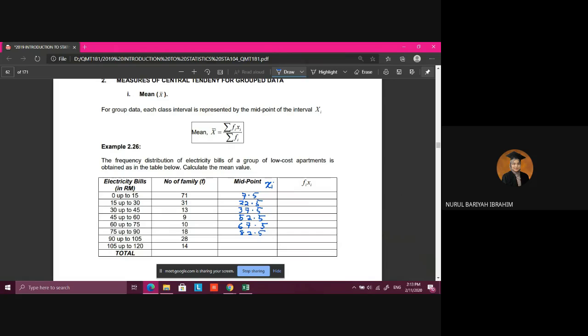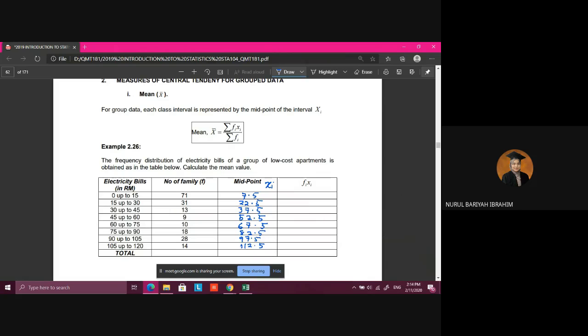And then 90 plus 105 divided by 2, 97.5. The next one, 105 plus 120 divided by 2, the answer will be 112.5. That is the midpoint.